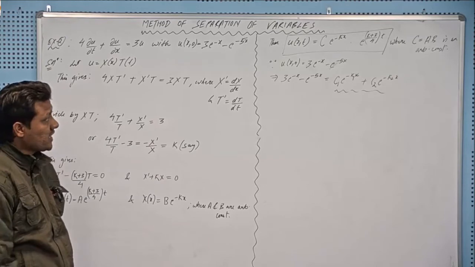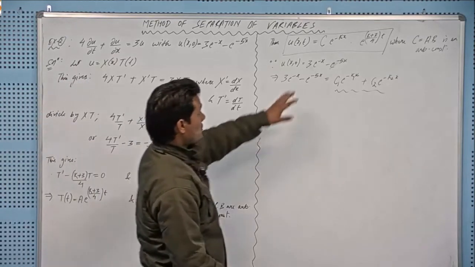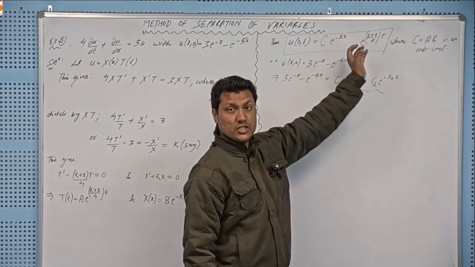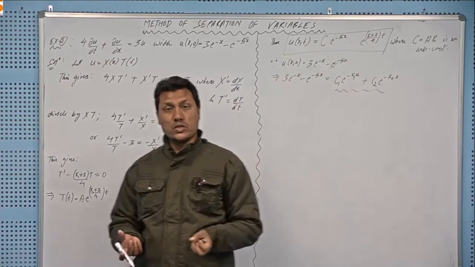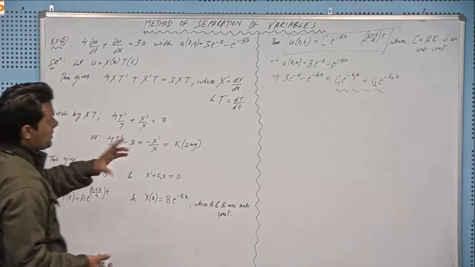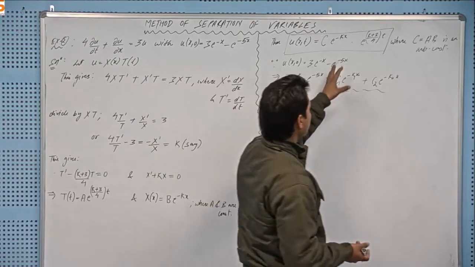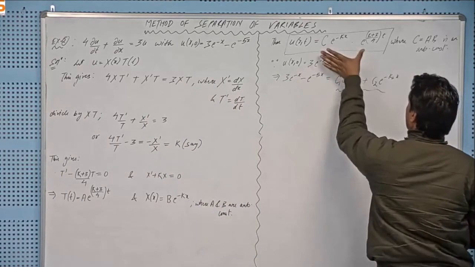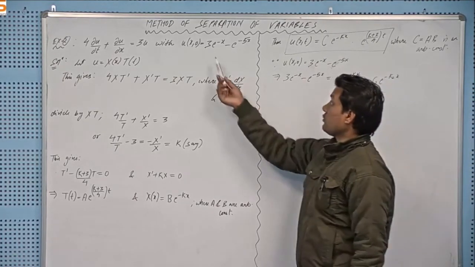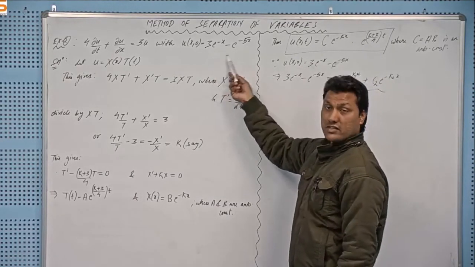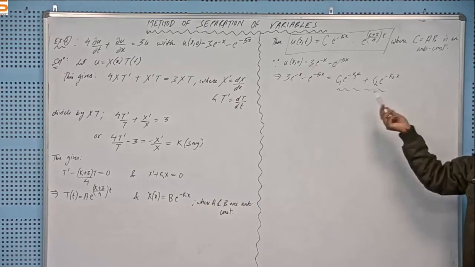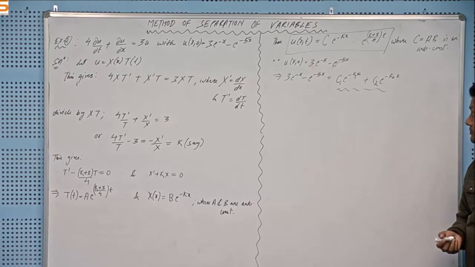This C is an arbitrary constant, whether it is C1, C2, C3, C4, whether it is K1, K2, K3, K4, they all are solutions, and this sum is also a solution. That is also called the superposition principle. In order to compare them and get these C's and K's, I have to write this solution in this form. Moreover, if the initial condition had contained three functions, then I would have to write C1, C2, and C3 and e to the power minus K3 x in order to compare them, right.